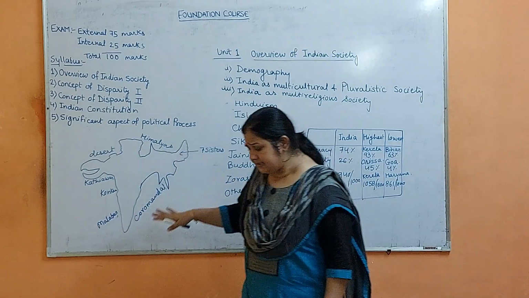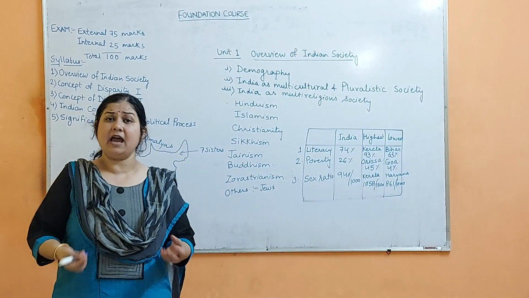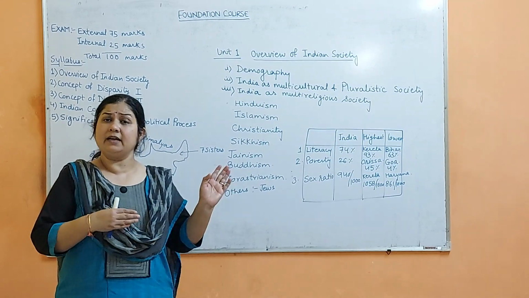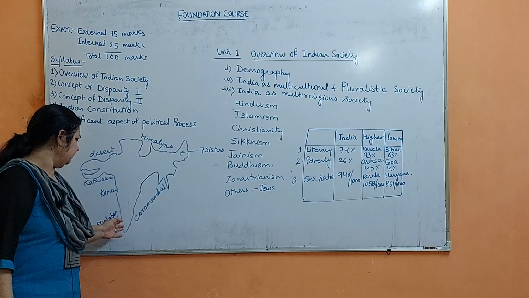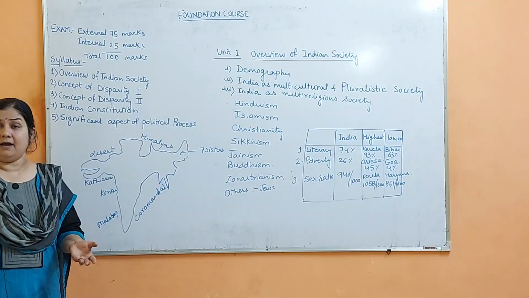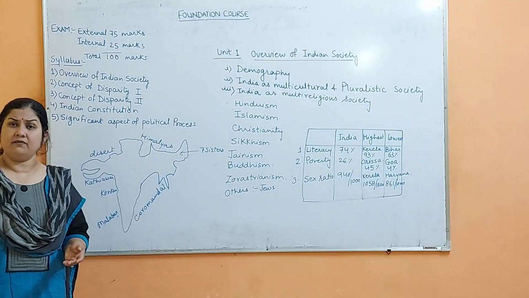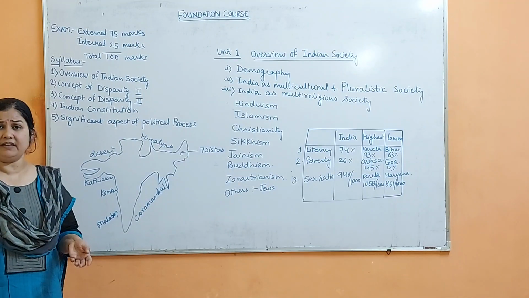So obviously the dressing sense of the people there, the food habit would be according to the hilly region. Whereas the people staying in the coastal region will have the habit of, you can say, eating more of rice than of wheat. Why?